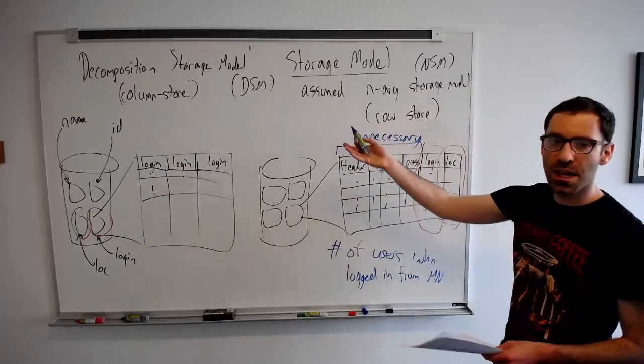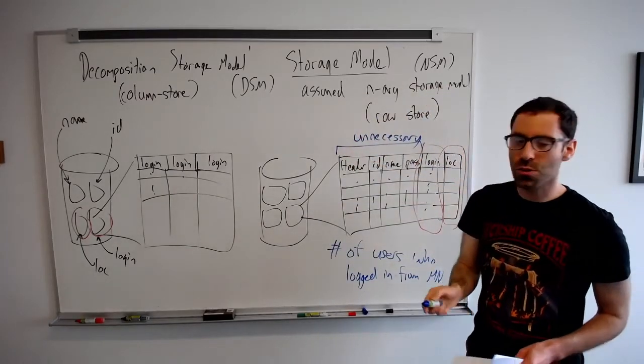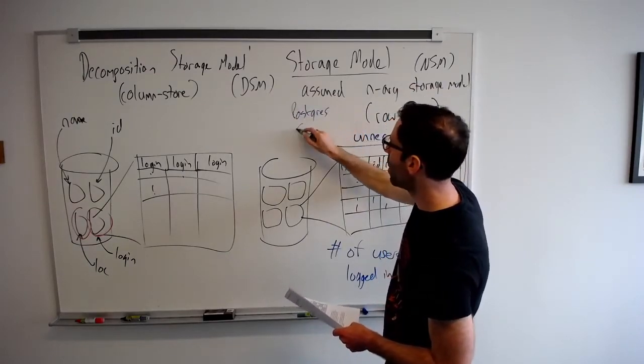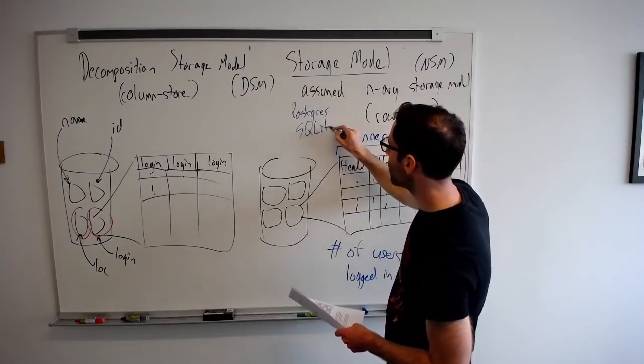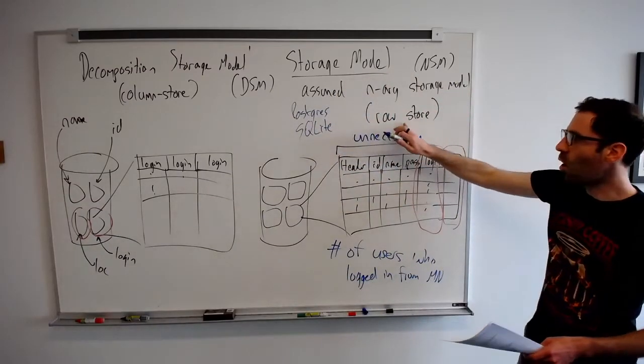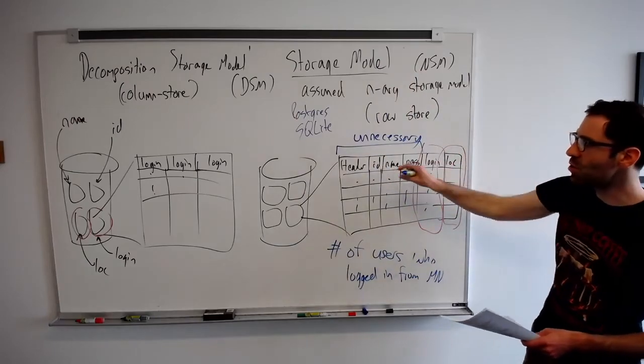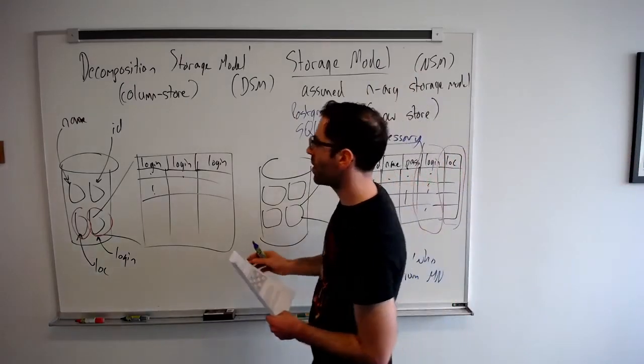When I say we've assumed this N-ary storage model, it's because things like Postgres and SQLite are row store databases. They use this N-ary storage model where they store the tuples together.